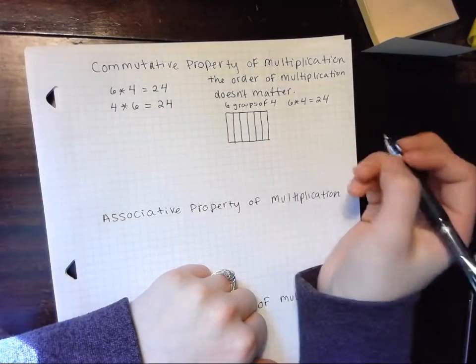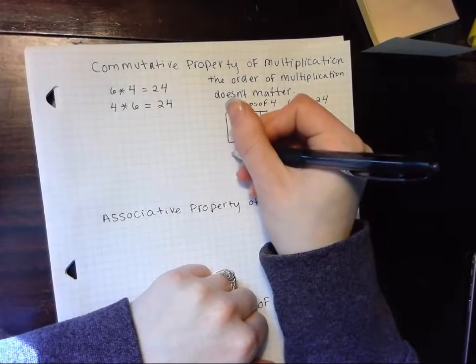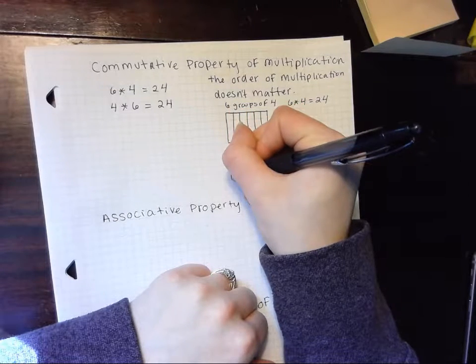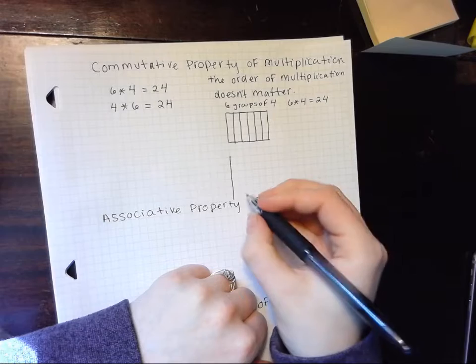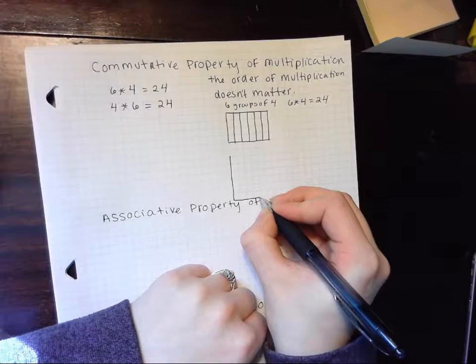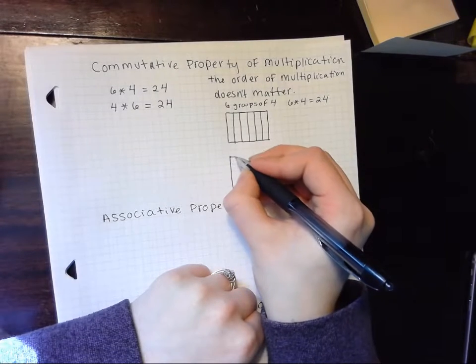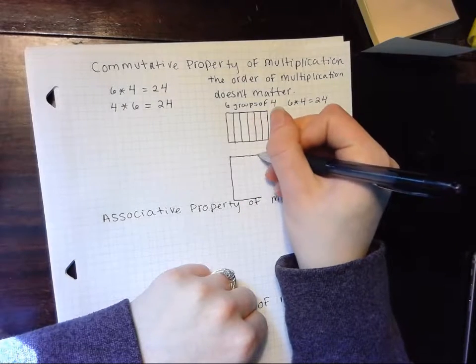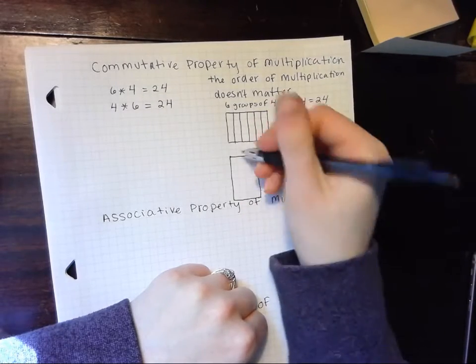Now, what if we do it the other way? So let's do 4 groups of 6. So there's 4 groups. 1, 2, 3, 4 groups of 6.